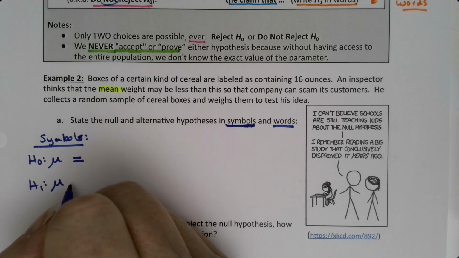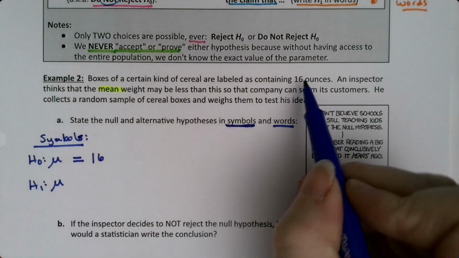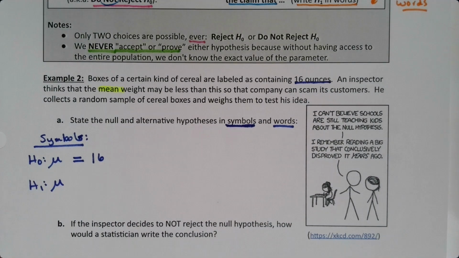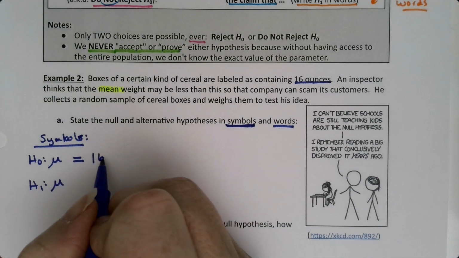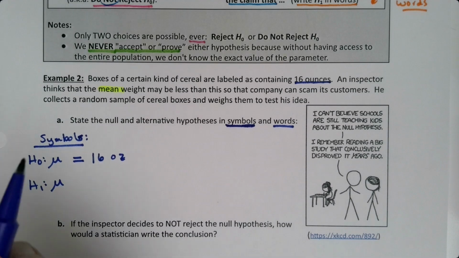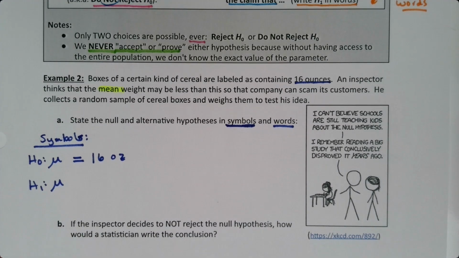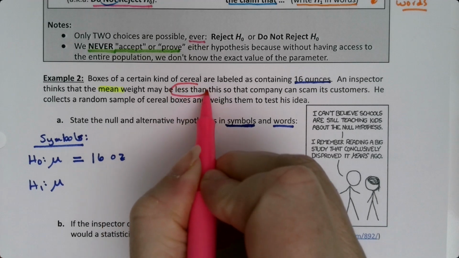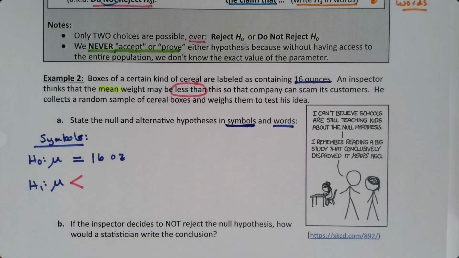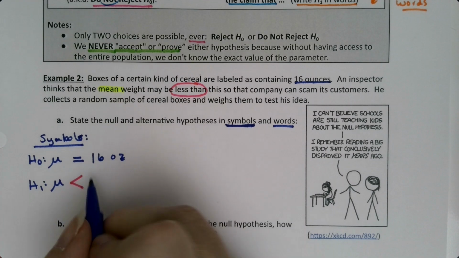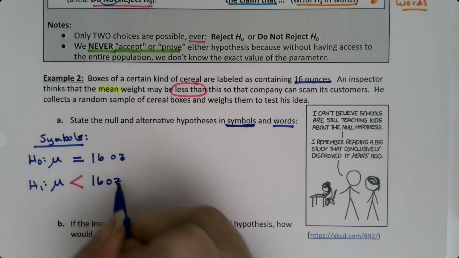And then we think it's 16 ounces, right? So there's our assumed value. So we think 16 ounces. And then we have to look for a direction word that'll tell us which direction we're going. And that would be right here with the less than. Less than is a left tail. So less than 16 ounces.